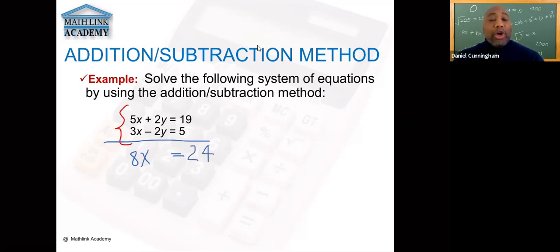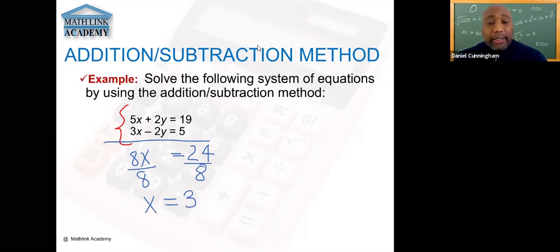So now you have eliminated one of the variables; that's what we call the elimination method. We could have eliminated the y if we wanted to, but in this case, we're solving for x. Now let's solve for x. Divide both sides by 8, and therefore x is equal to 3.